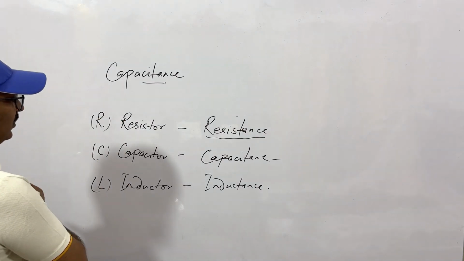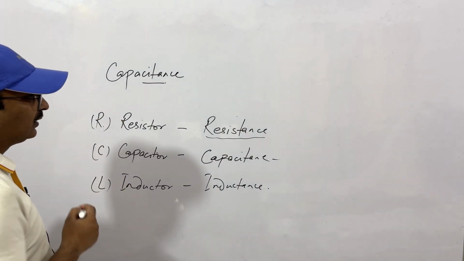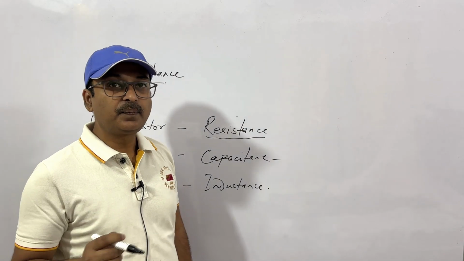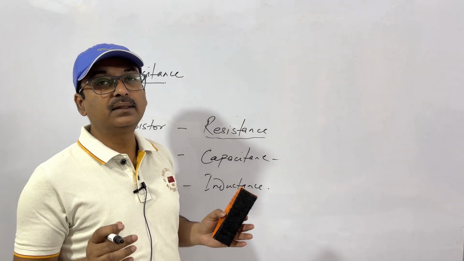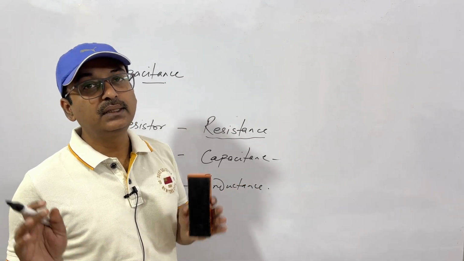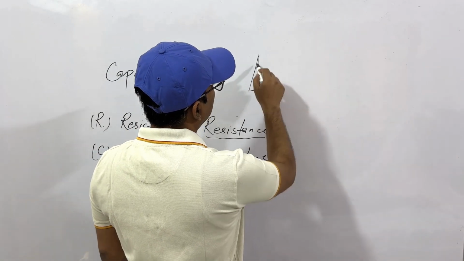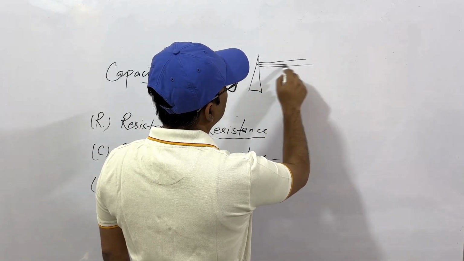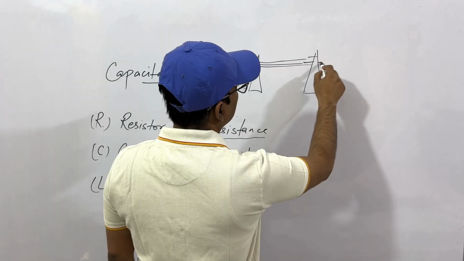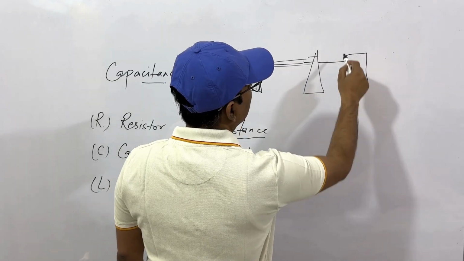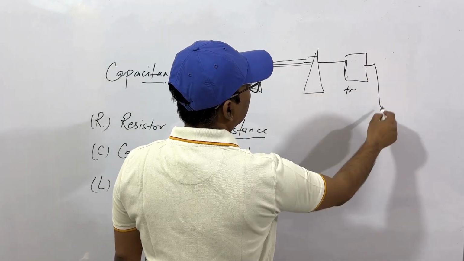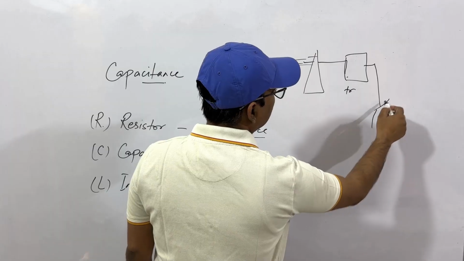Why have I discussed all three here? Because any electric circuit can be analyzed as a combination of resistance, capacitance and inductance. Let's say this is a tower. Wires go from one tower to another tower, then to a transformer, then they reach home.